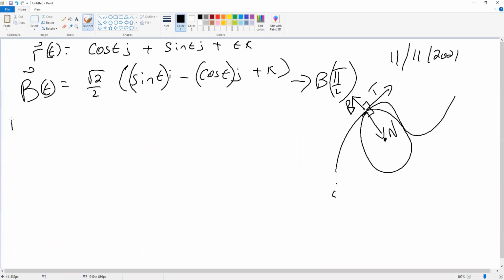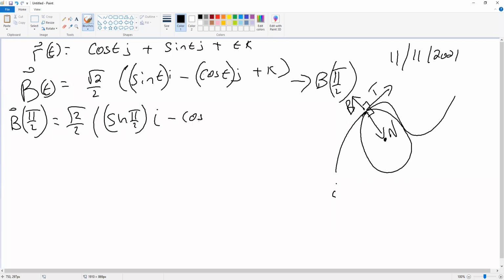So if we do B of pi over 2, its vector, we're going to have root 2 over 2 times sine of pi over 2 times i minus cosine pi over 2 times j plus k.